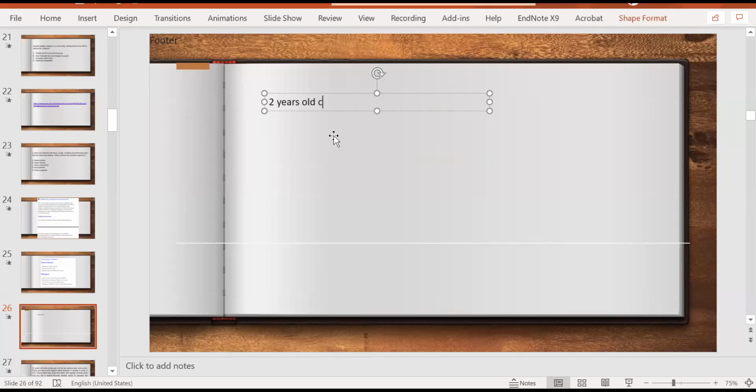A 2-year-old child having respiratory rate 50, heart rate 120, saturation is, it's a heart rate 90. The child is having shortness of breath and fever, also some cough.